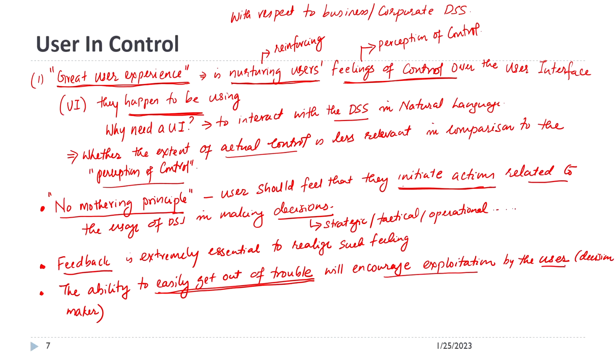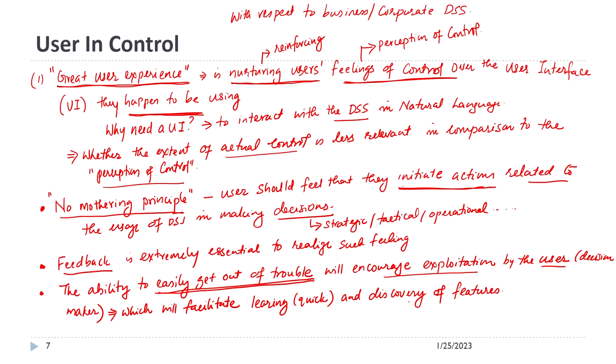If that is there, then that will encourage exploitation by the user. Who is the user? The user is the decision maker, which will facilitate learning. If you encourage exploitation by the user, what will happen? It will facilitate quick learning and discovery of features.